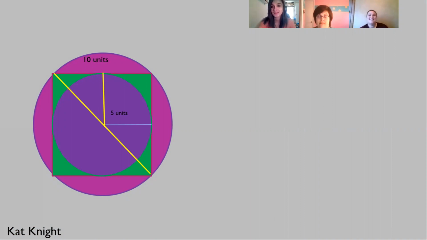And so we're going to go ahead and use the Pythagorean theorem to find this missing length of this triangle, and the missing length of the triangle is very important because that's the radius of our bigger circle. So we're going to plug in our numbers, which is 5 squared plus 5 squared. I went ahead and wrote 25 equals r squared.